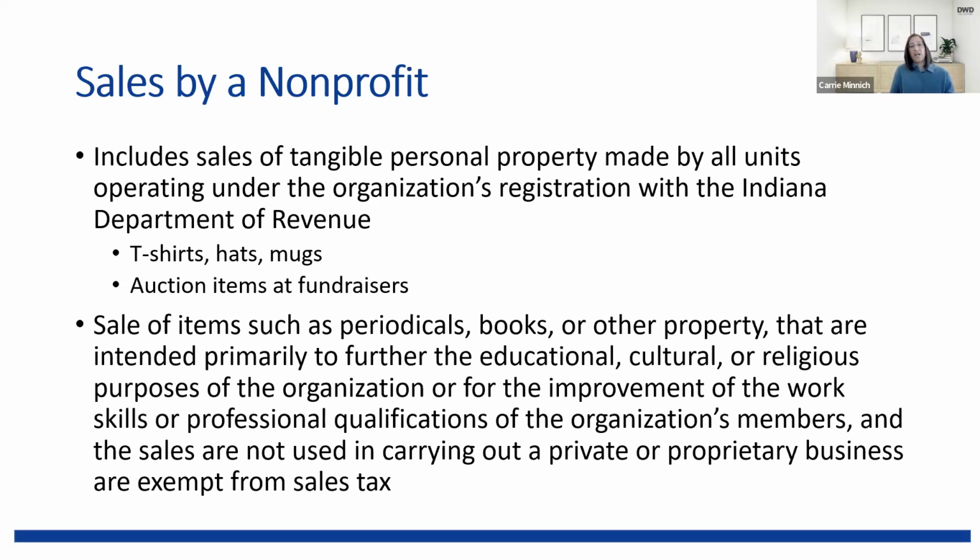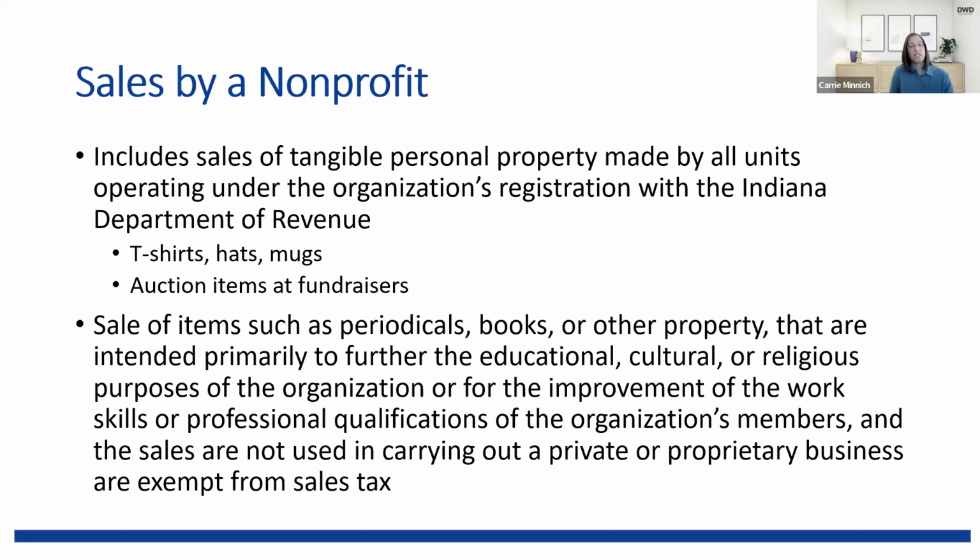Once you sell $100,000, you're going to have to pay sales tax on those. So again, as the law reads now, you may have to collect and remit sales tax on tangible items that are sold at an auction during a fundraiser. I don't know if that's how the law was intended.